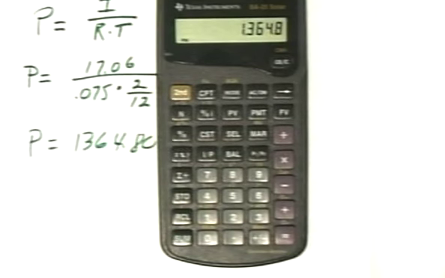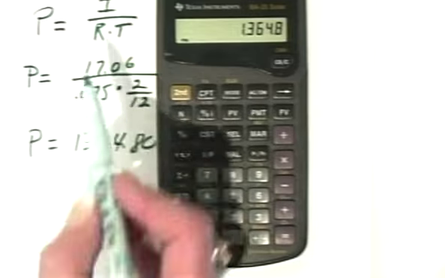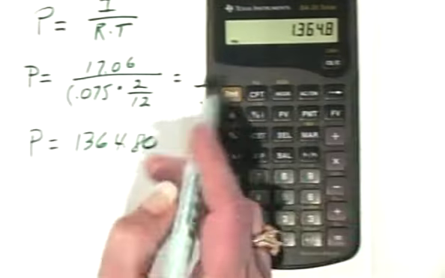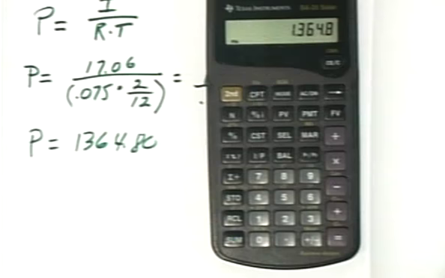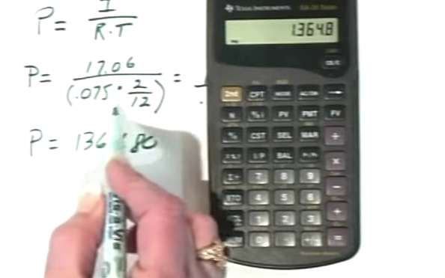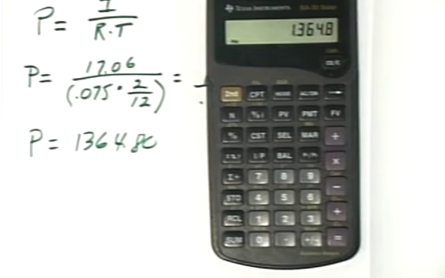If you have a repeating decimal, you don't have a choice. You sort of have to store it. So I just always store it. Josh happens to have a calculator that's got parentheses. Right, Josh? What he could do with that one, if you have a scientific calculator and not the business calculator, is 17.06 divided by open parentheses, group that bottom, 0.075 times 2 divided by 12, close parentheses, equal.